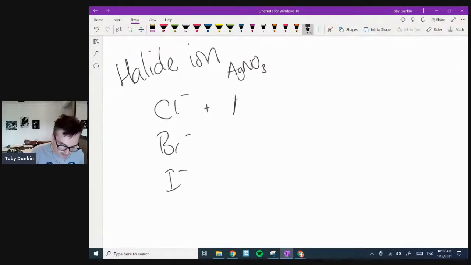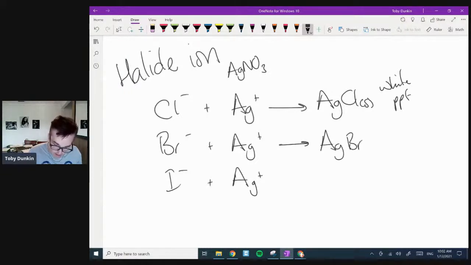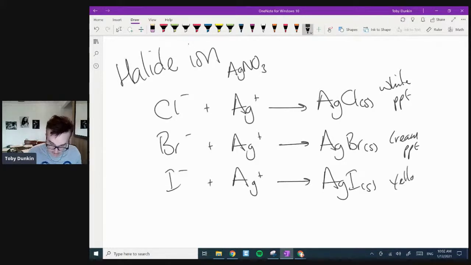Now the silver nitrate contains Ag+, and that Ag+ loves the halide ions, and it'll form AgCl solid, a white PPT. And then it'll also form AgBr, a cream PPT. And it'll also form solid AgI, which is a yellow PPT.